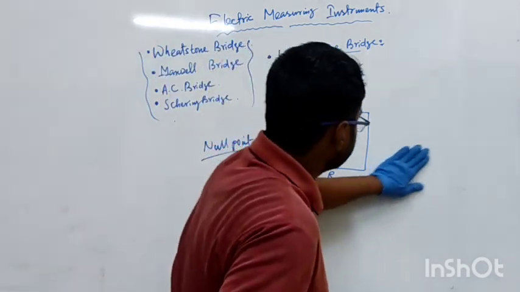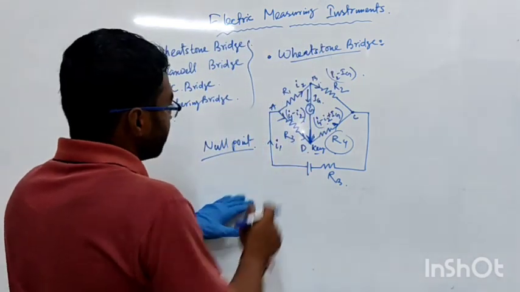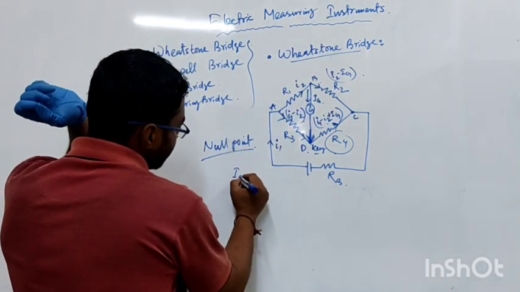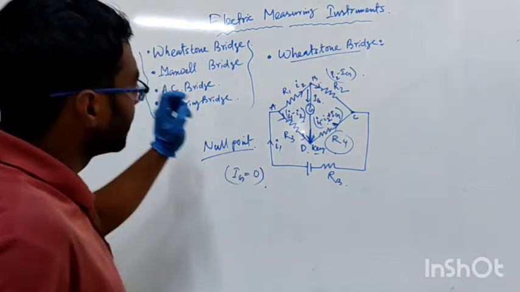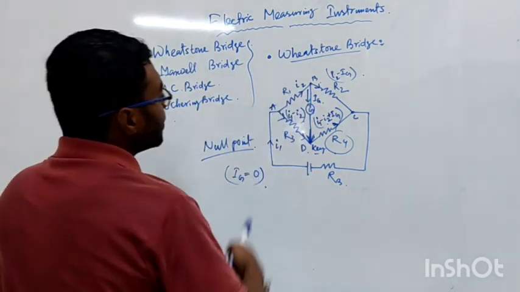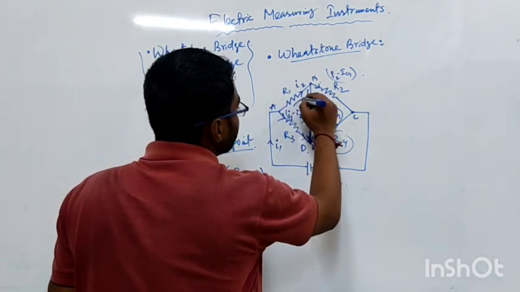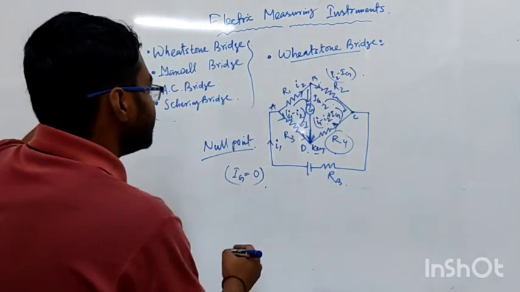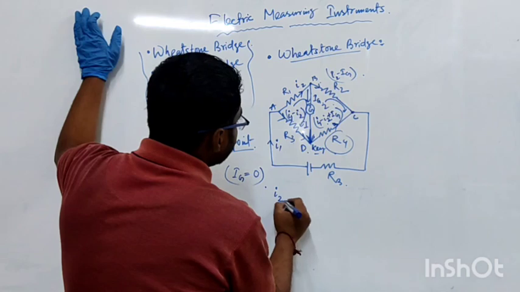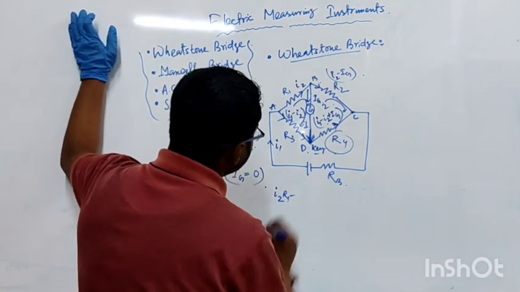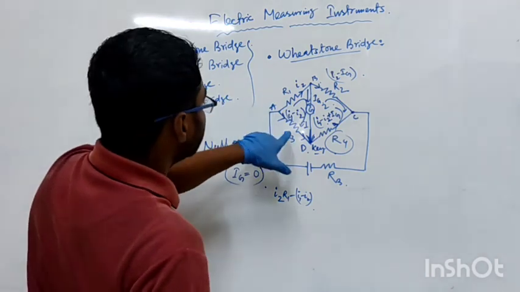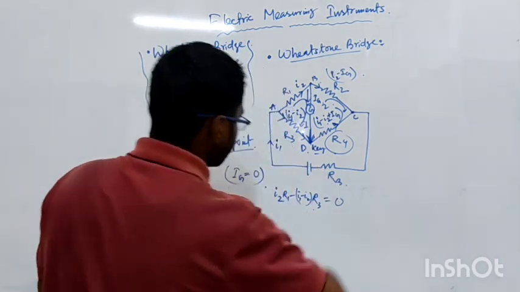If we find the null point, then we know the current inside the galvanometer will be equal to 0. At that condition, what will be our outcome? If we consider loop 1 and loop 2, then I2 into R1 minus (I1 minus I2) into R3 should be equal to 0.